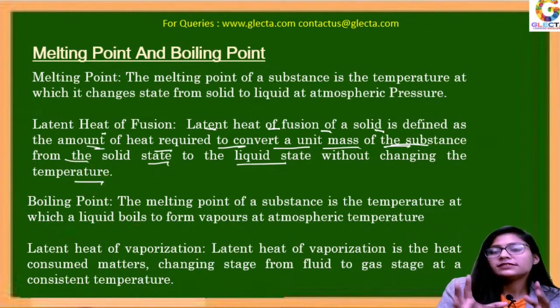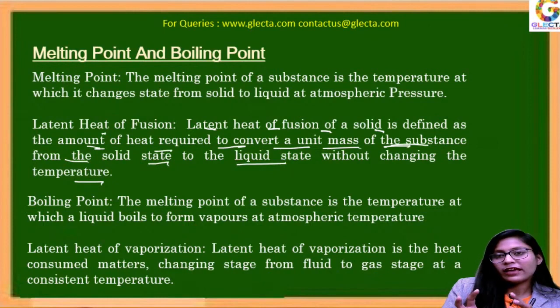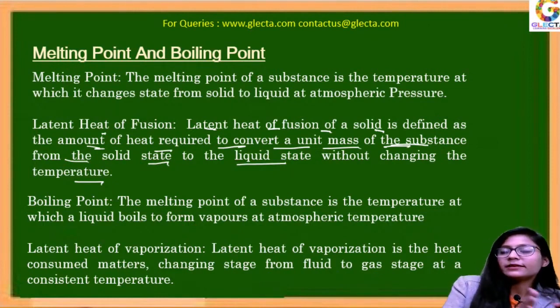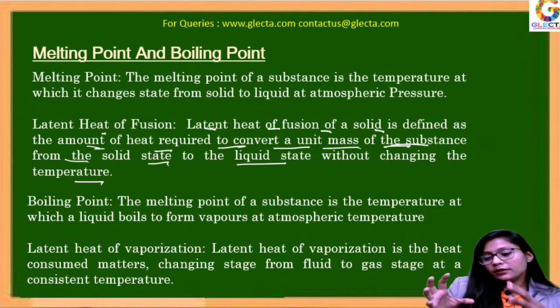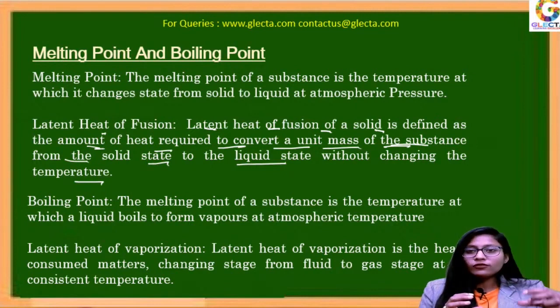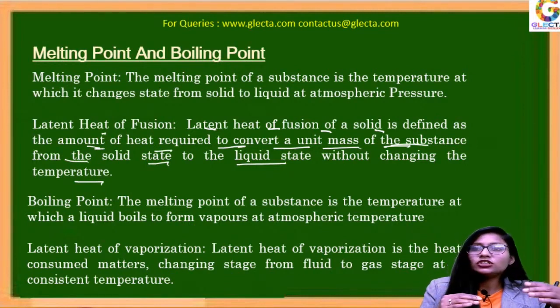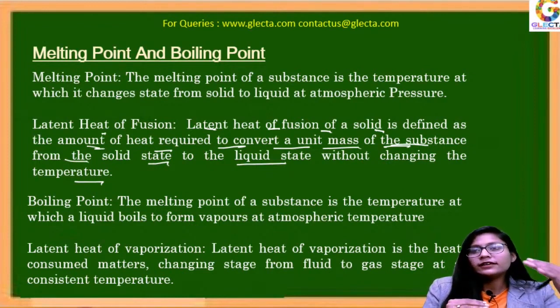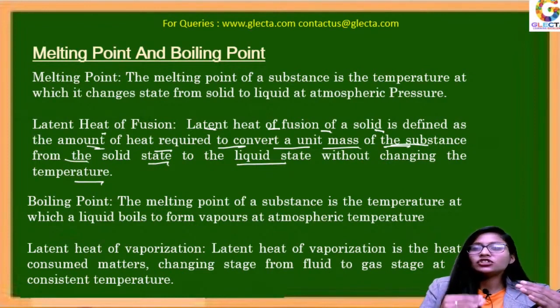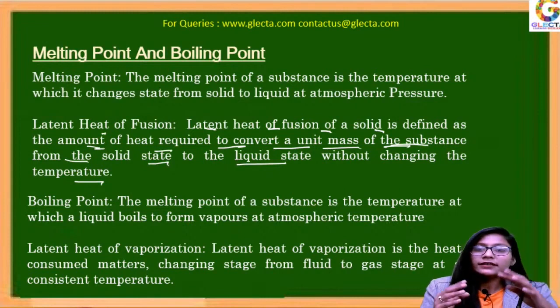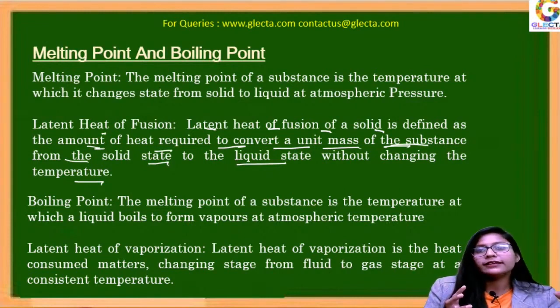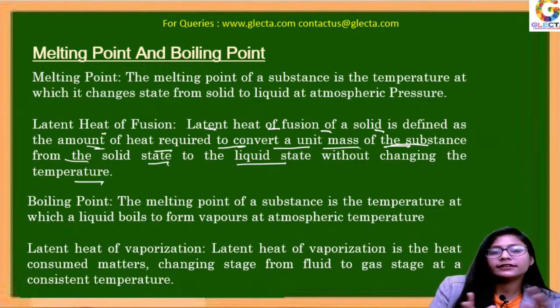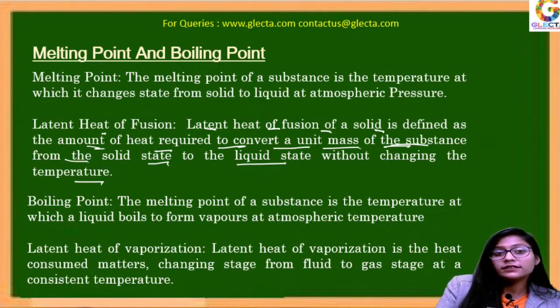It means the temperature stays the same at the point when the solid converts into liquid. The temperature of the liquid and the solid would be the same, but the heat of the liquid is much higher than at the solid state. That heat absorbed is called latent heat of fusion. Do you understand what latent heat of fusion is?